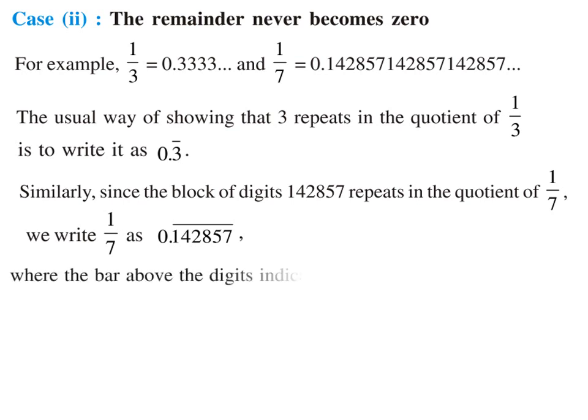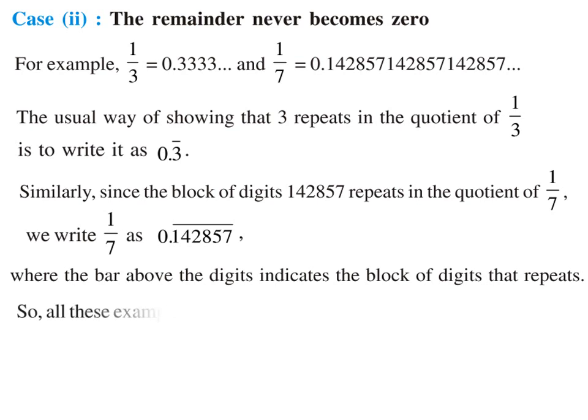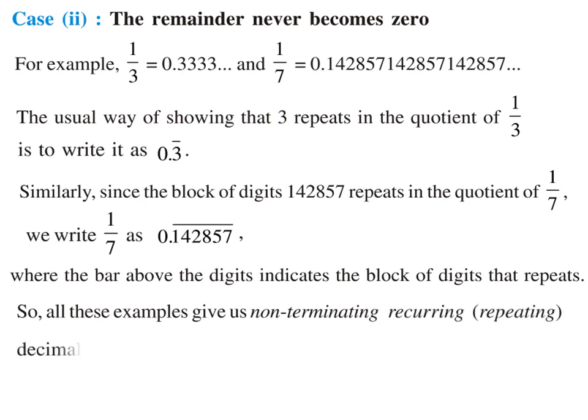The bar above the digits indicates the block of digits that repeats. All these examples give us a non-terminating recurring, or repeating, decimal expansion. Non-terminating because it goes to infinity, and recurring because we get repeating digits.